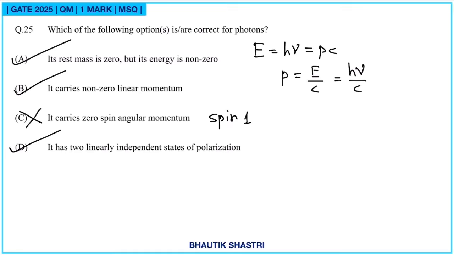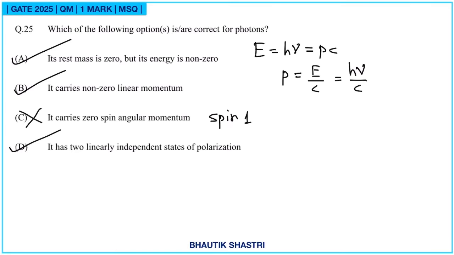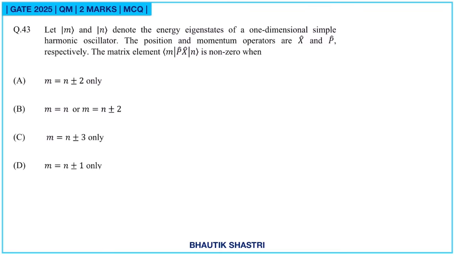Next question. Let |m> and |n> denote the energy eigenstates of one-dimensional simple harmonic oscillator. The position and momentum operators are x cap and p cap respectively. The matrix element <m|p x|n> is non-zero when.